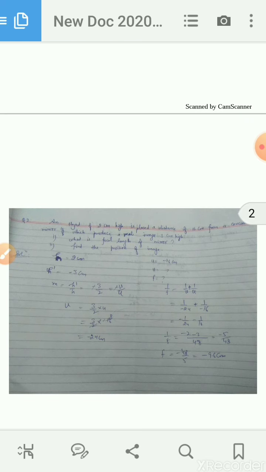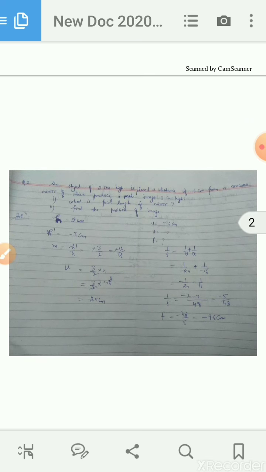Next question is also based on a concave mirror. An object of 2 cm height, that means object height h is given, is placed at a distance of 16 cm from a concave mirror, so object distance u is minus 16 cm, because the object is always placed on the left.